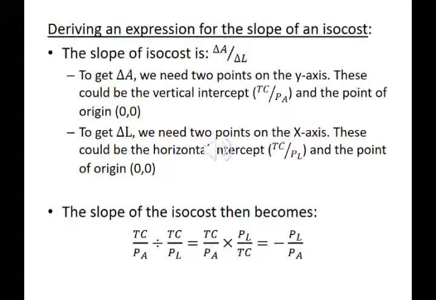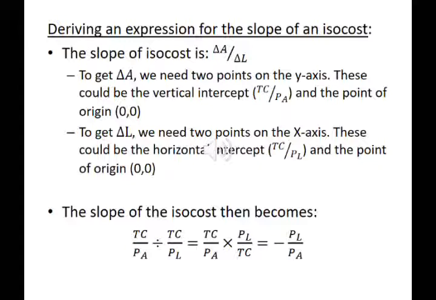So now we need to derive an expression for the slope of our isocost, exactly as we did with the consumer problem and how we derived an expression for the slope of the budget line. So the slope of the isocost is delta A over delta L, which is delta land over delta labor. To get delta A, we need 2 points on the y-axis.